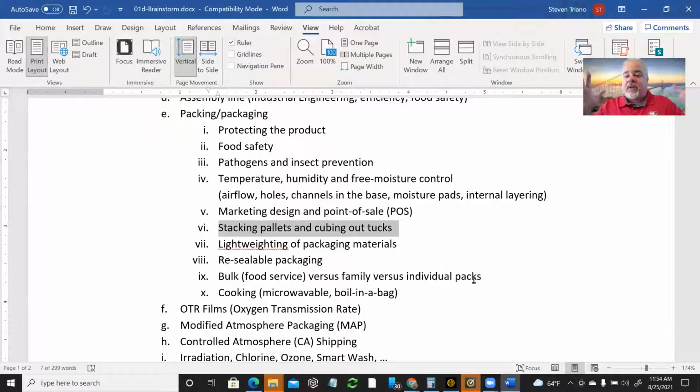Everybody's using the same basic cube dimensions so the trucks can move whatever they need to move. But within those limits of a standardized truck and pallet structure, what are your cases going to look like? What are your packages going to look like? Can you cube out the truck safely? What about lightweighting? We'll talk about that later in the semester, but lightweighting is very important.